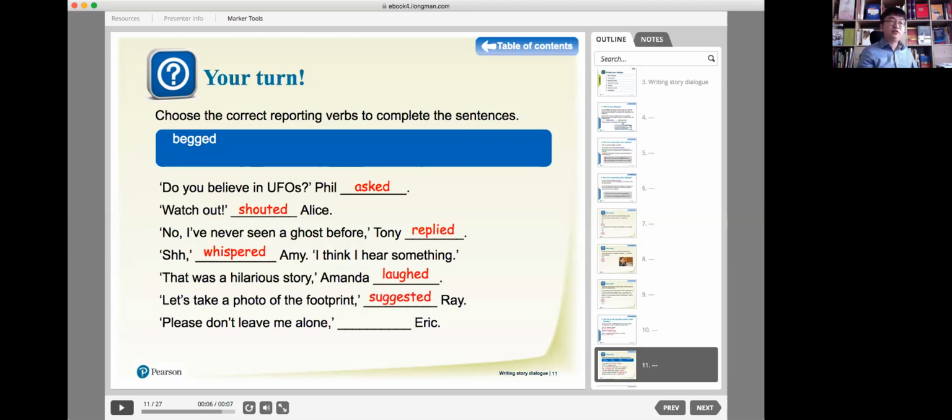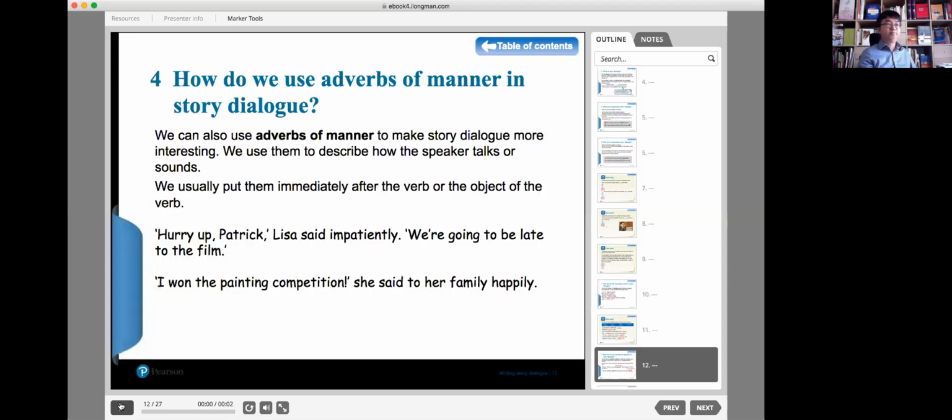Let's take a photo of the footprint, suggested Ray. Please don't leave me alone, begged Eric. All right. Now we're finished learning some reporting verbs.